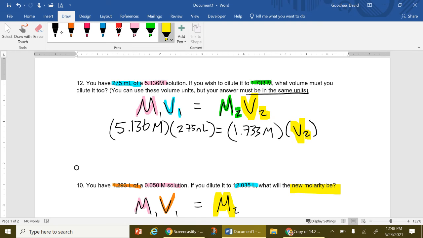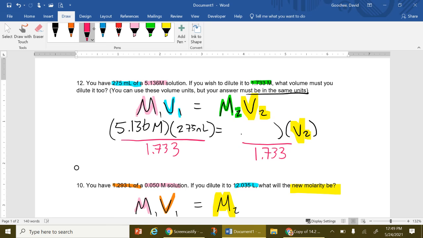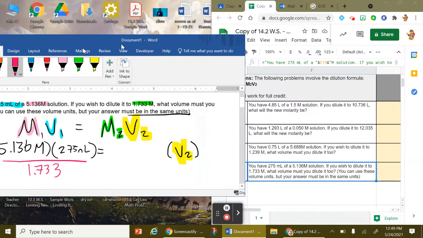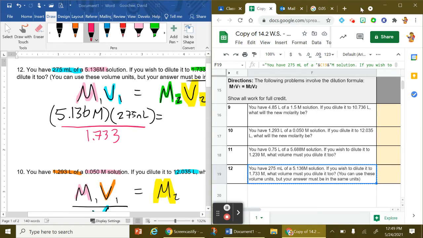So again, we're trying to get volume by itself to solve for it. It's being multiplied by 1.733, so we have to divide by 1.733. And if we do it over here, it has to be done on the other side of the equation as well. So this all cancels out. The final volume equals 5.136 times 275 divided by 1.733.